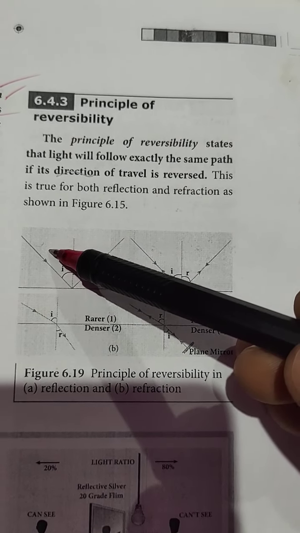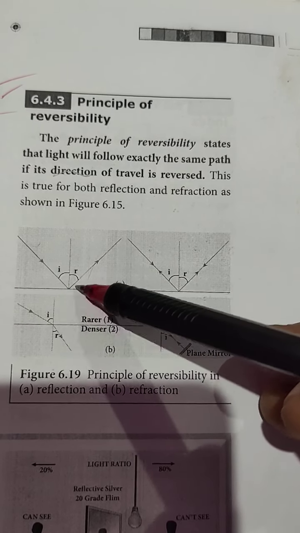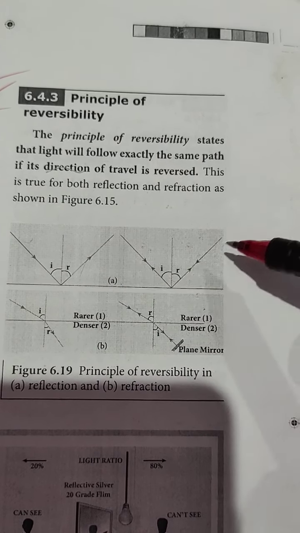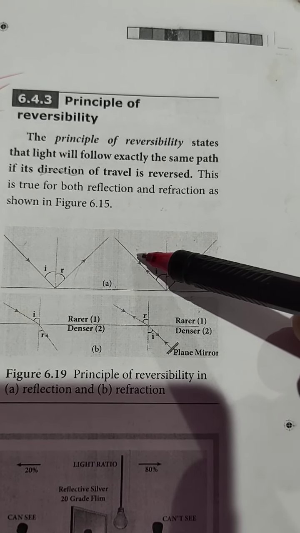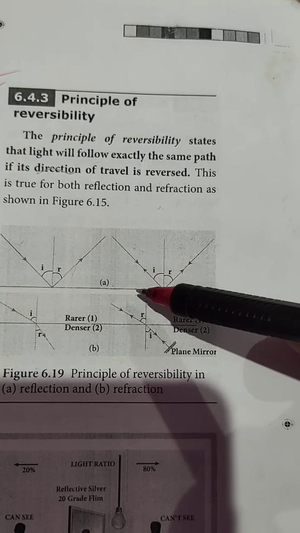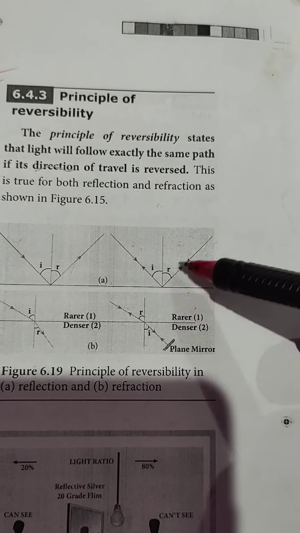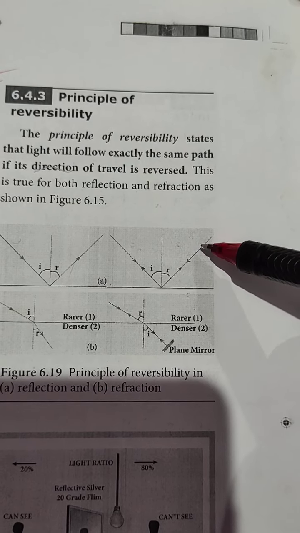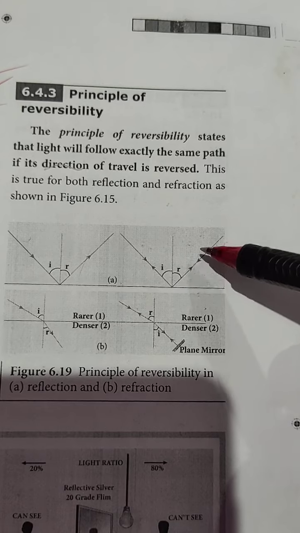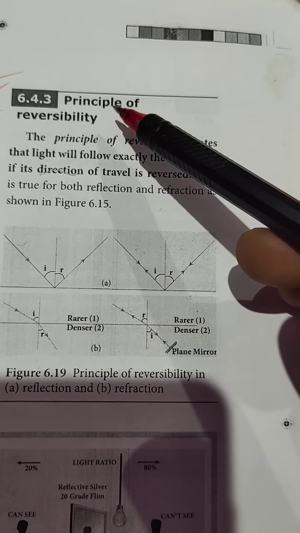When the light is incident on a reflecting surface and reflected, the same process happens in the opposite direction, which means the ray path is reversed. This is called the principle of reversibility.